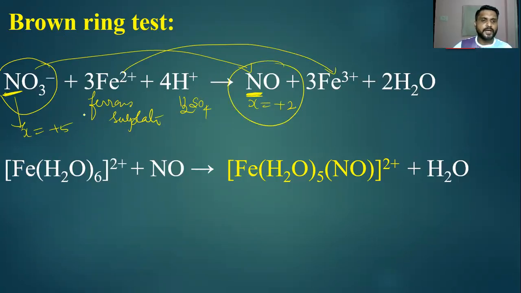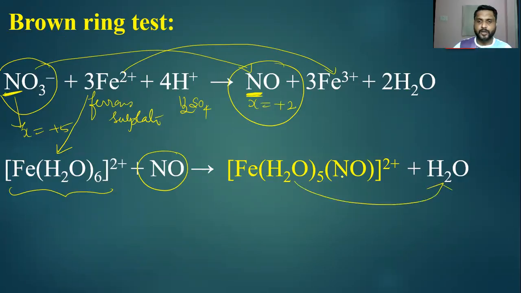Then, we are actually using ferrous sulfate. Part of the ferrous sulfate also becomes a complex with aqua. Aqua is the ligand. It gives the hexahydrated complex, which reacts with the nitric oxide. Now see here, one of the water molecules is getting replaced, correct? So NO comes inside. The total charge is +2 here. Remember in this case, iron has a +1 state, an unusual number, and this nitric oxide is in the form of NO+.